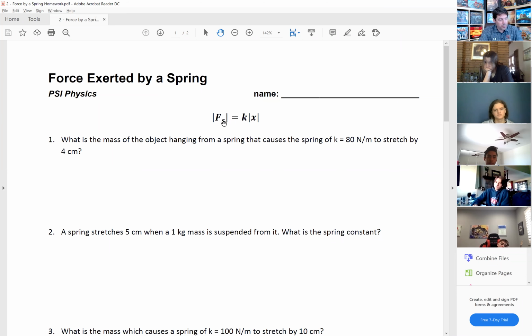And it gives you Hooke's Law right here at the top. I believe this might be the way it is on the AP formula list, where both the force and the displacement are in absolute value markers, and there's no negative sign. I think that's how College Board writes it, because we don't really care about the direction of the force or the direction of the spring, because whether we're stretching it or compressing it, it's the same relationship.